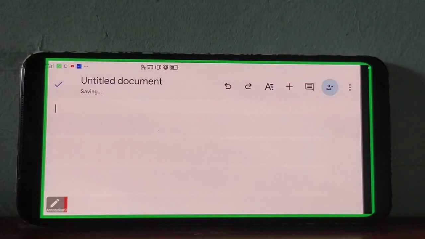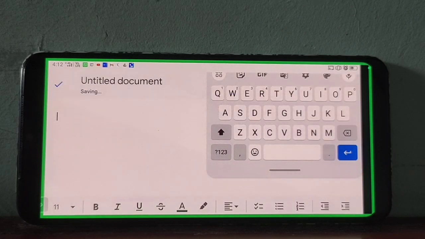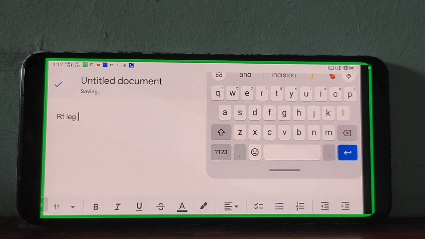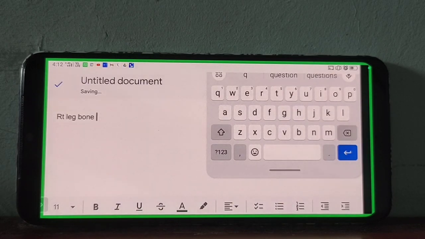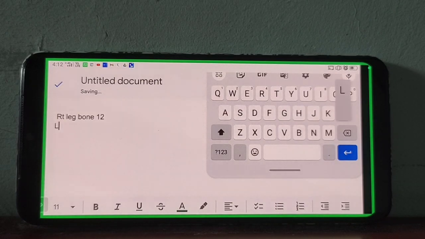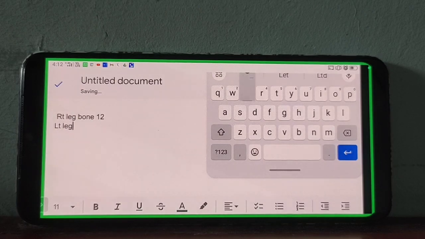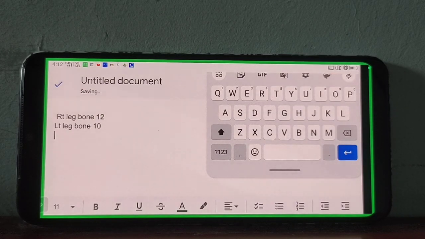Now, the right leg bone depth, okay? Bone depth 12. Am I right? Yes, ma'am. Then same like that, the left leg depth is also bone, but 10. Here the anatomical side is different, but the depth is the same.